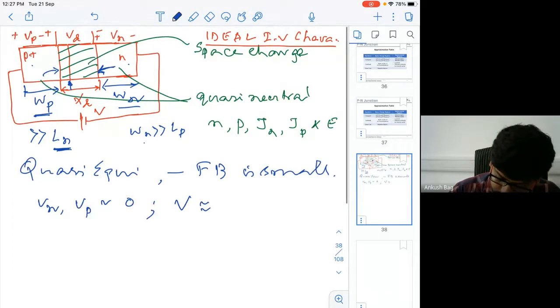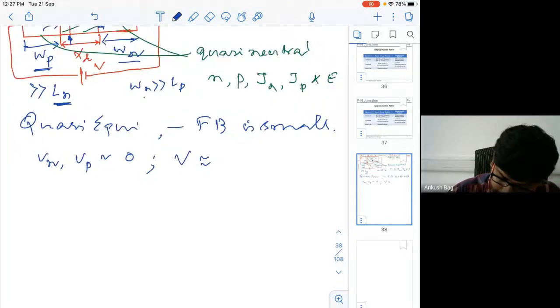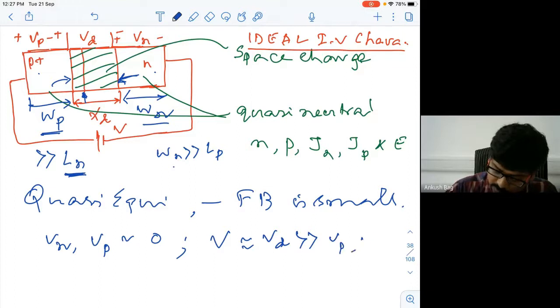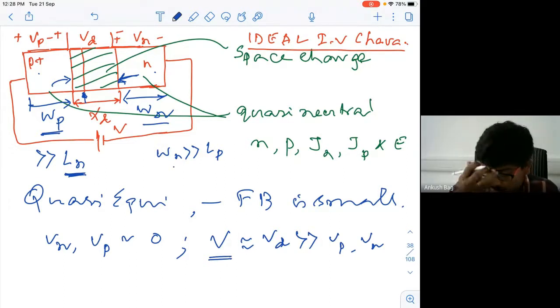That means V equals Vd, which is obviously very much greater than Vp as well as Vn. So most of the voltage drop is only across the space charge region, and the voltage drop within the quasi-neutral region we are ignoring.